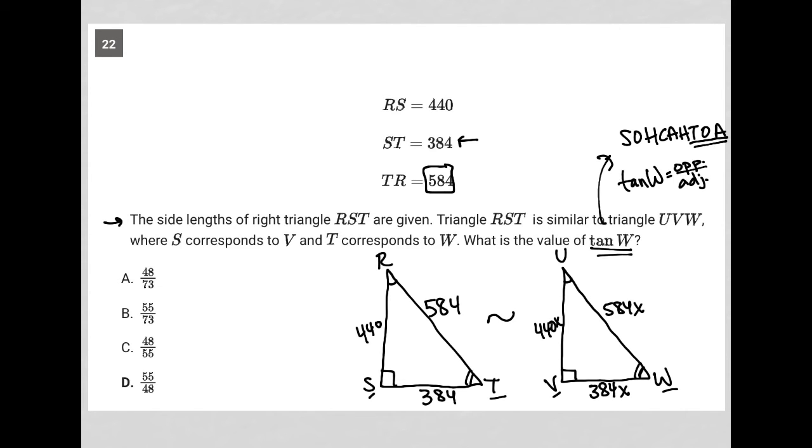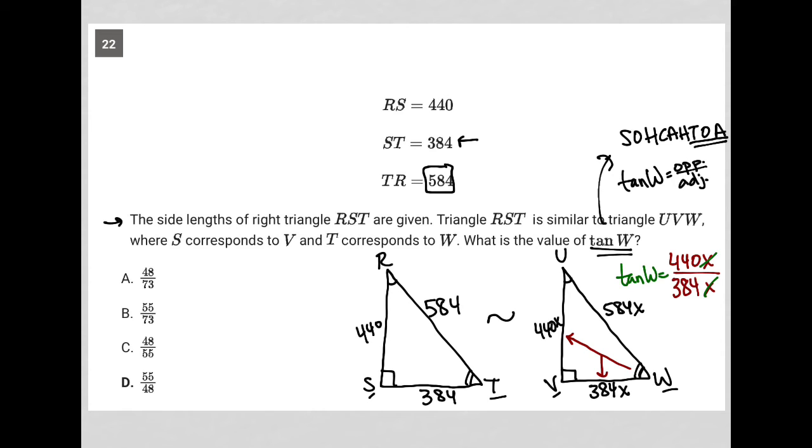So for W, the opposite side is this 440x. So that becomes my numerator. The adjacent side is this 384x. So that becomes my denominator. Obviously, the x's can cancel out. So really all I have here is that tan W equals 440 divided by 384.